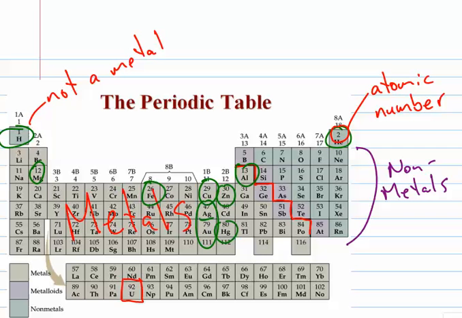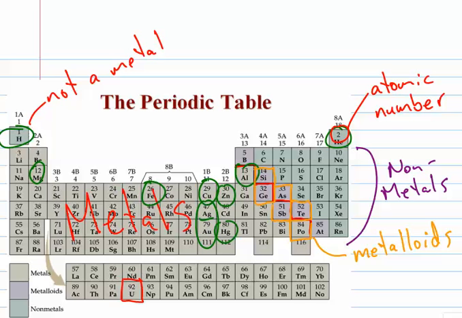Now, at the interface between these two groups are a special class of elements that are intermediate in their properties between metals and nonmetals. And these are what we call the metalloids. And so they have properties that are neither metallic properties nor non-metallic properties.